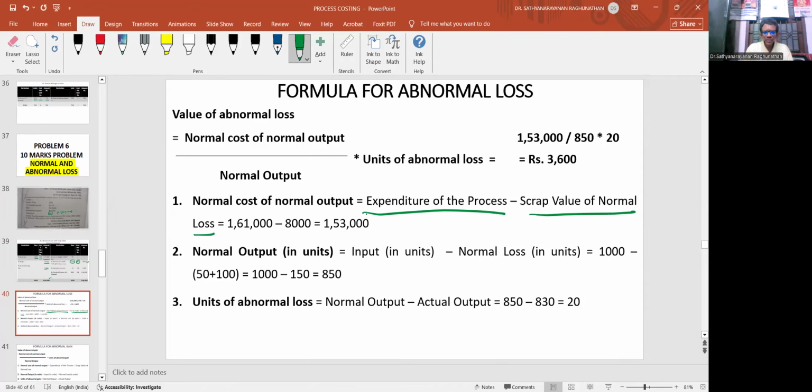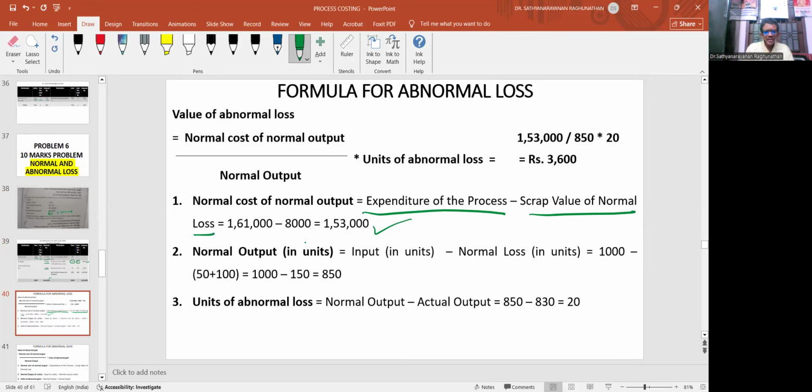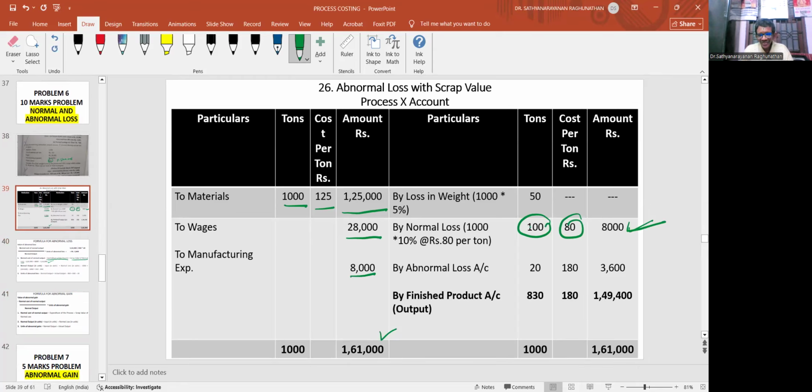1,61,000 minus 8,000, 1,53,000. Normal output in units is input units minus normal loss units. So input units means this 1,000, minus normal loss units. Please don't take only this 100 into consideration. A student may be bound to make a mistake in the examination.